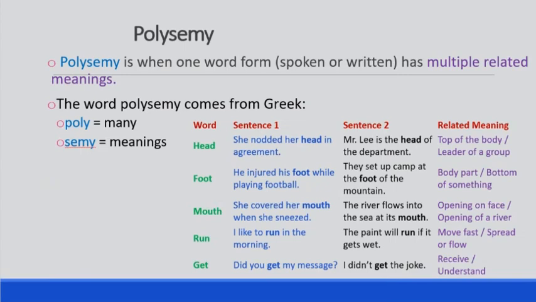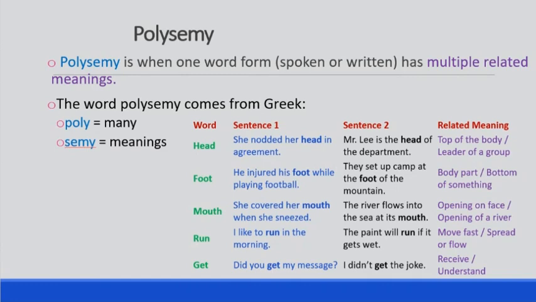For example, head. In the first sentence, he nodded his head in agreement. So head refers to the human organ, the top of the body. And in the second sentence, Mr. Lee is the head of the department. So head there refers to the leader of the group.